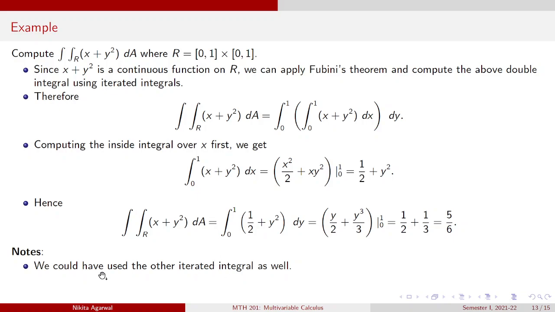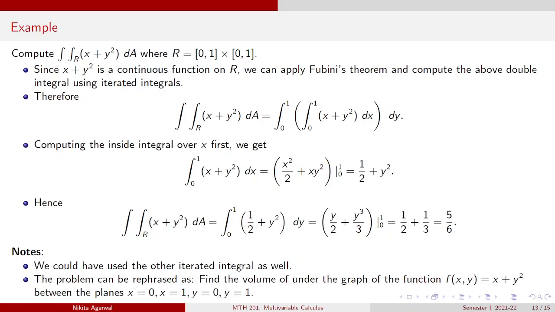Now note, we could have used the other iterated integral as well, right? Because Fubini's theorem tells you that doesn't matter. And the problem can be rephrased as follows. Now this function over the rectangle is a non-negative function, right?